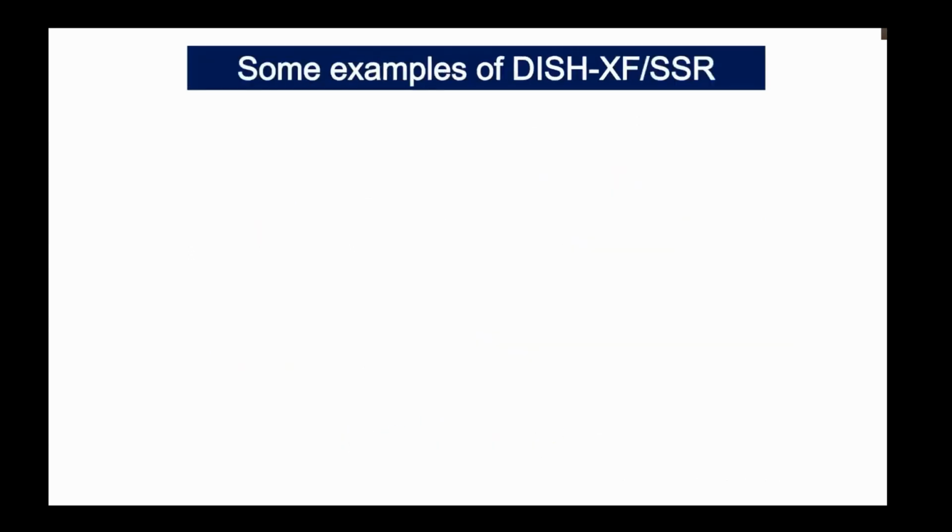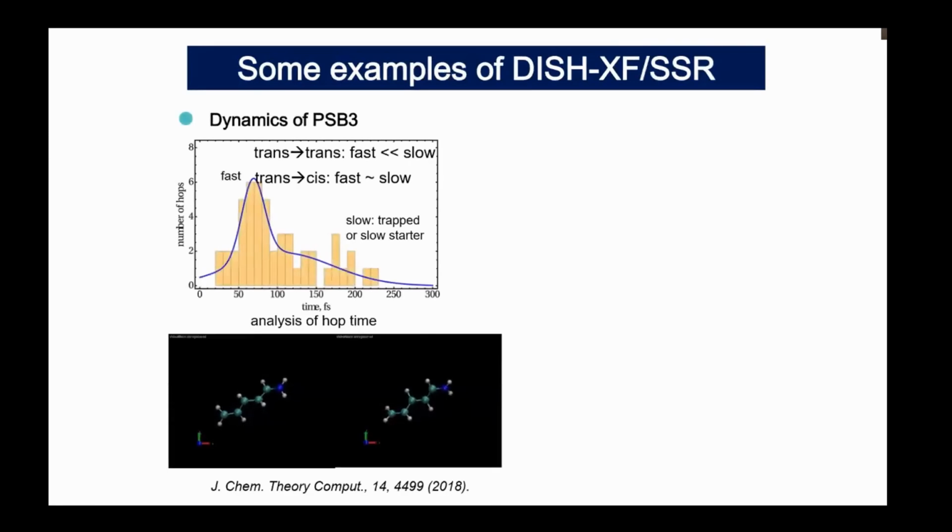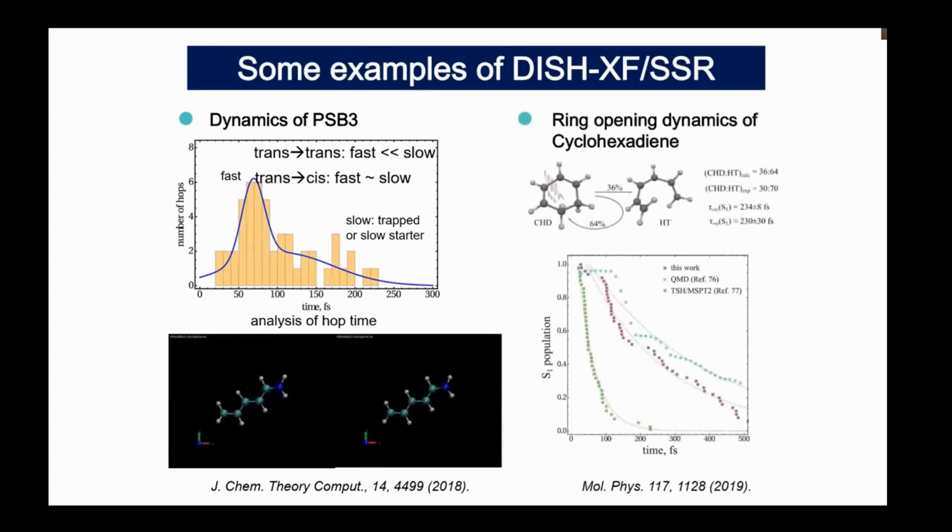We also use the algorithm in combination with ensemble density functional theory, in collaboration with Dr. Michael Filatov. We calculated the excited state dynamics of the protonated Schiff base. We see the cis-trans isomerization, and we calculate the kinetics of this chemical reaction.